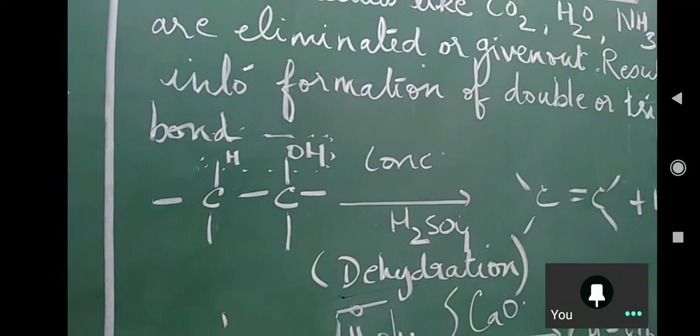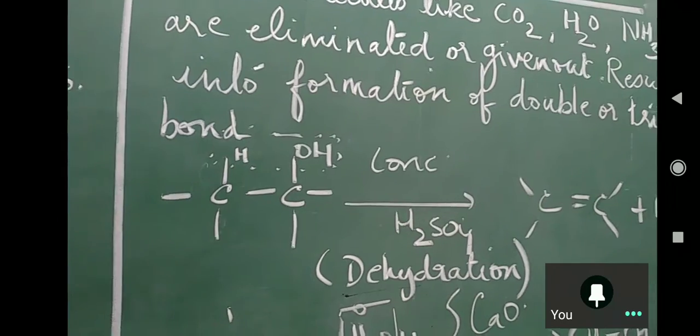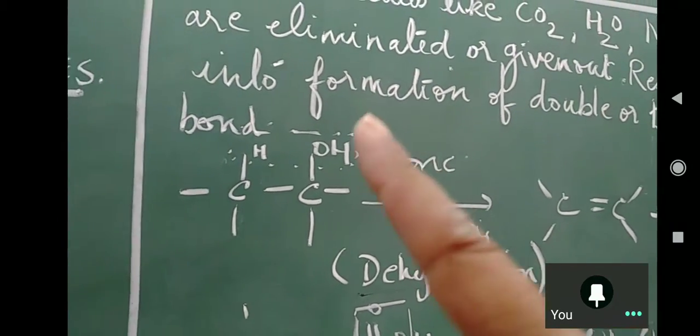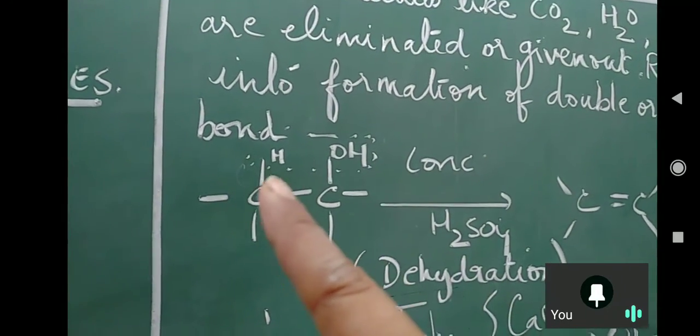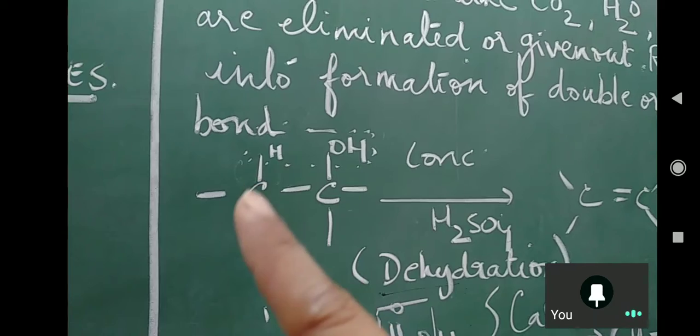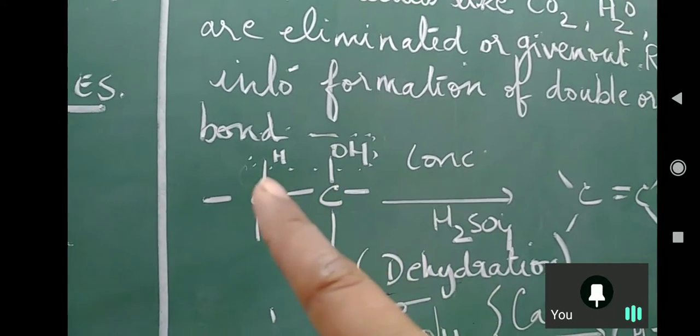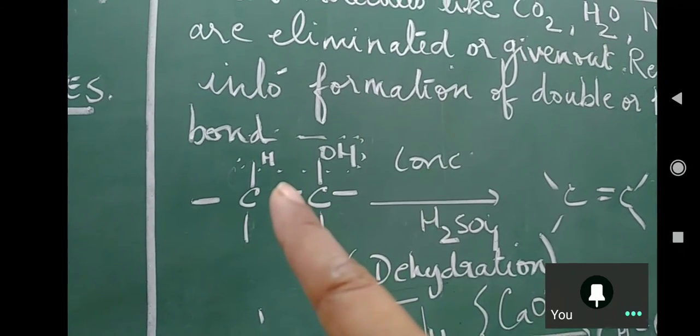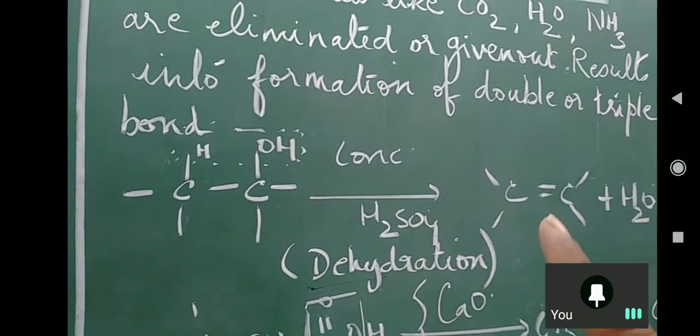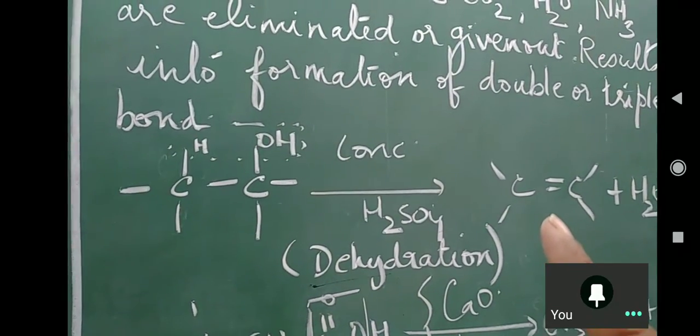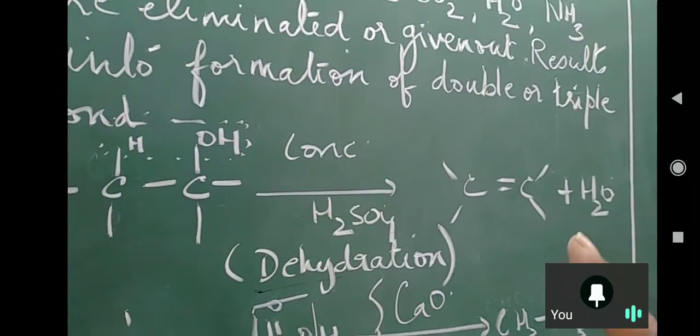Water. Okay, it wants water. So OH from here and H from here will be eliminated. One electron will be free here, one electron free here. They will form a double bond, like this. What is this? Alkene. And what is lost? Water is lost.